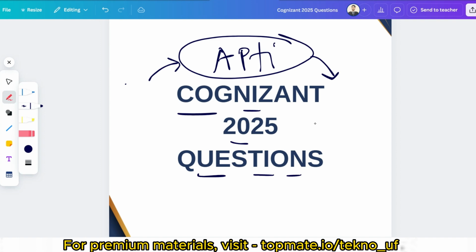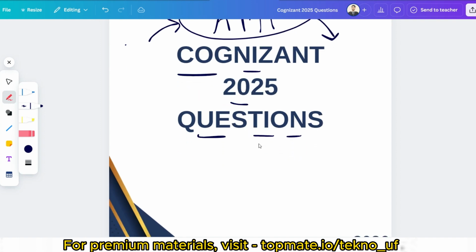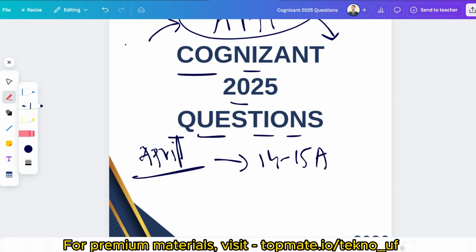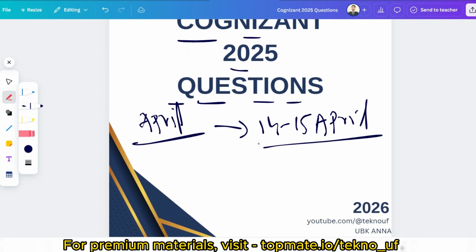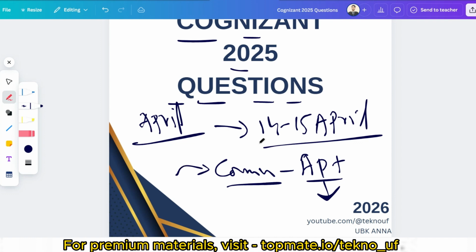Guys, if you have registered before April and you got the assessment link on 14th or 15th of April, but you got the communication assessment link along with the aptitude link, then you must have received the aptitude link. But if you got only the communication assessment link, then there might be a lesser probability that you will get the aptitude round mail as well.